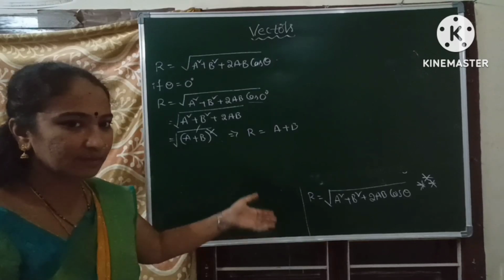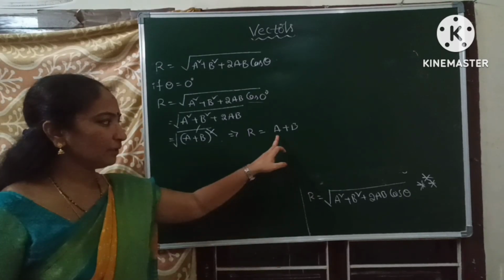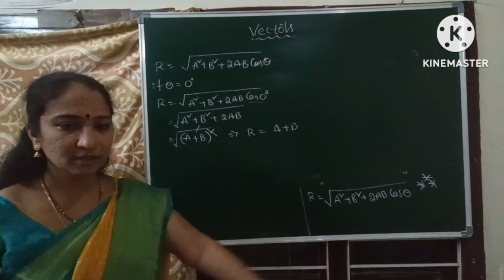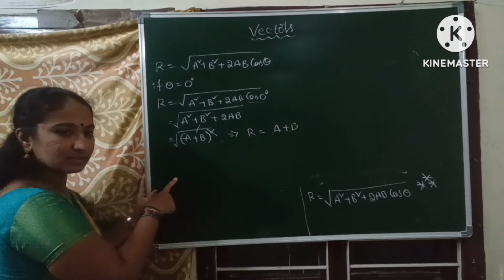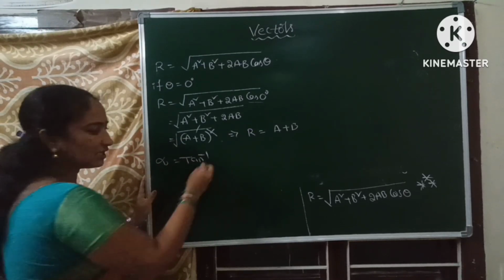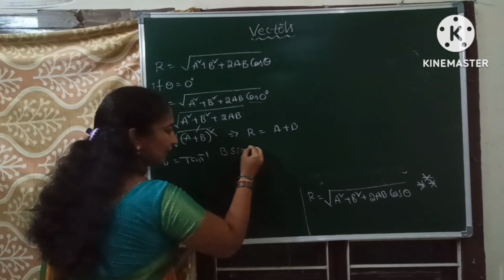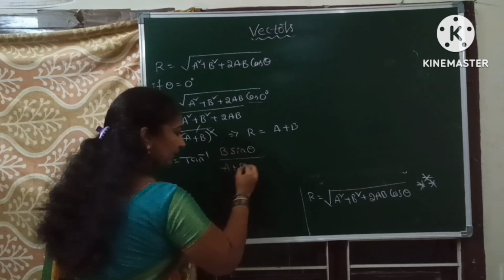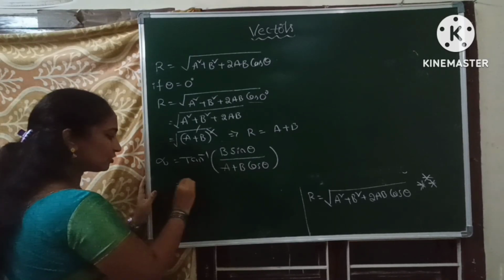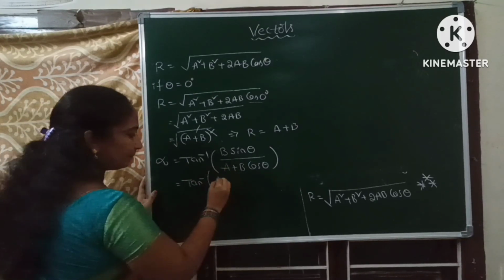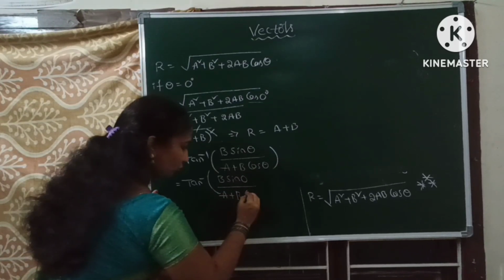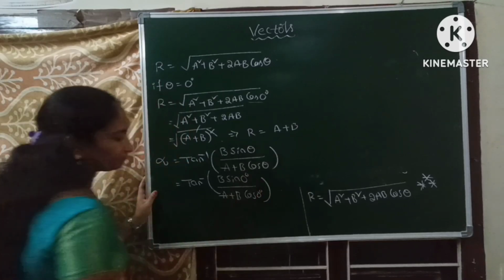If we add the two magnitudes, we get the resultant. For example, if a is 2 newtons force and b is 2 newtons force, then the resultant is 4 newtons. In which direction? The same. Alpha is equal to tan inverse of b sin theta by a plus b cos theta, as we calculated earlier. Instead of theta we replace 0. So that is tan inverse of b into sin 0 by a plus b into cos 0 degrees.